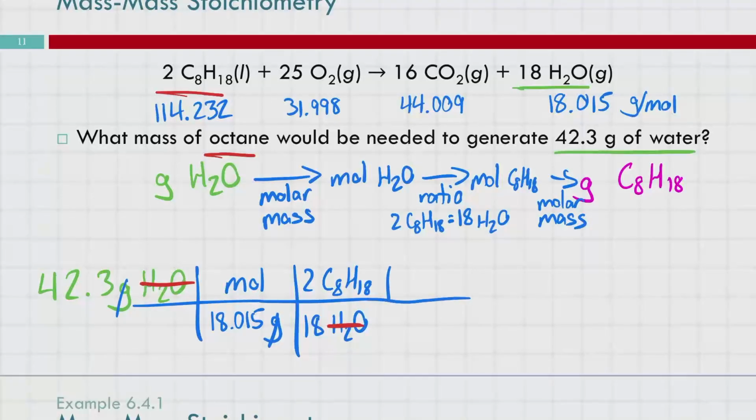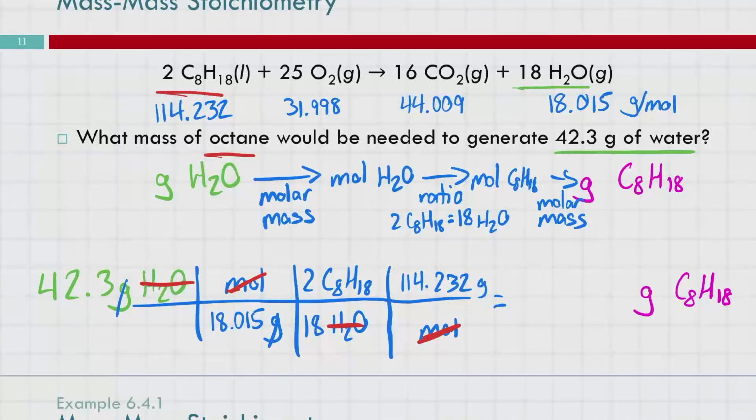And then the last step is to bring it back to grams, since grams is what we can typically measure. So we're going to use this 114.232 to do that. And now our moles from earlier cancels with the moles that we have in the denominator of our molar mass. The units that come through are grams of octane.